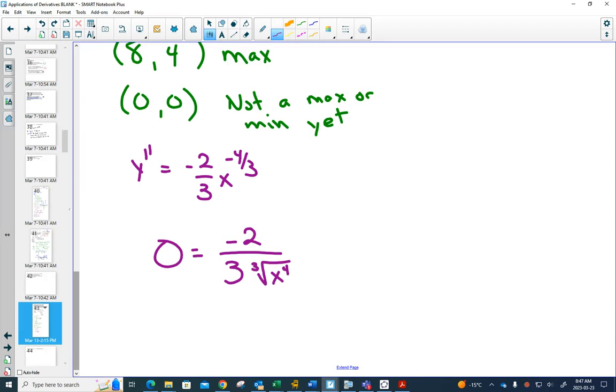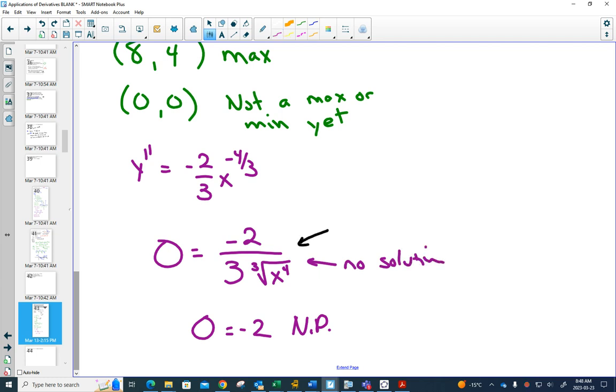Setting that equal to 0. If you multiply both sides by the bottom, you get the following. Interesting. When is 0 equal to negative 2? That's not possible. This has no solution.